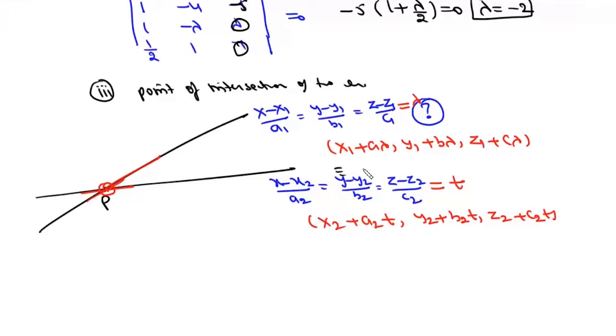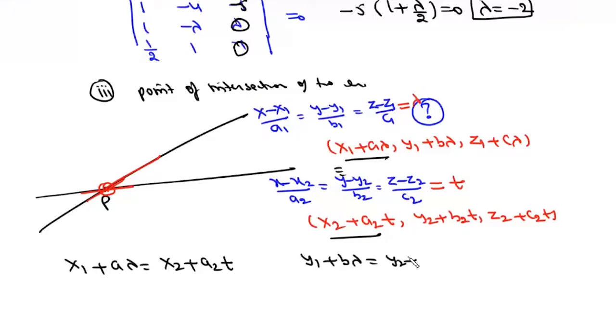So we'll equate these two coordinates. Now we compare their x coordinates. We can write x1 plus a lambda is equal to x2 plus a2t. Next one is y1 plus b lambda is equal to y2 plus b2t, and z1 plus c lambda is equal to z2 plus c2t.